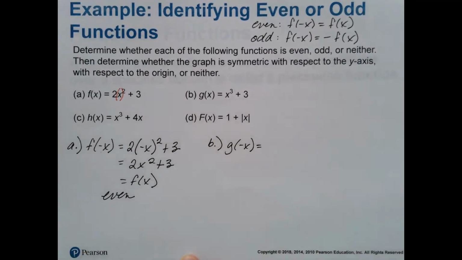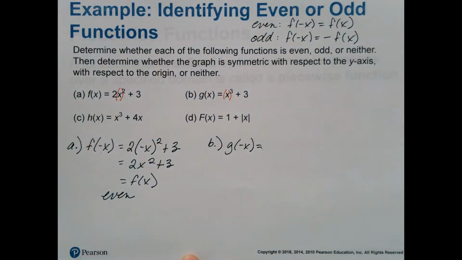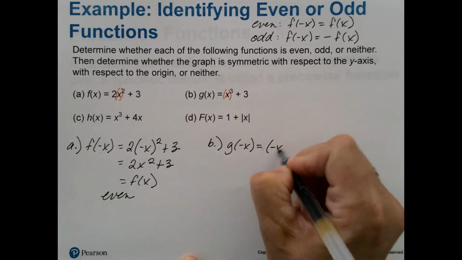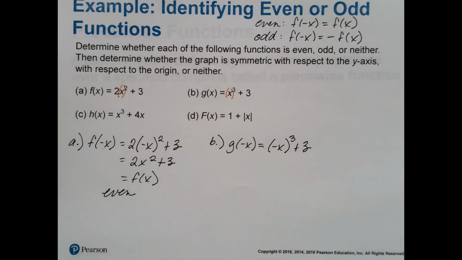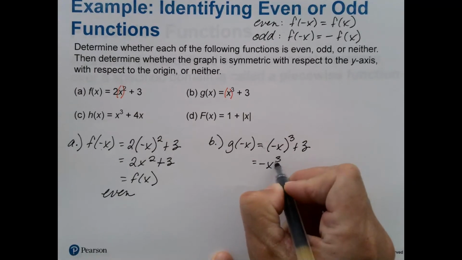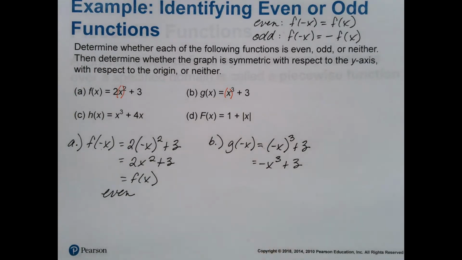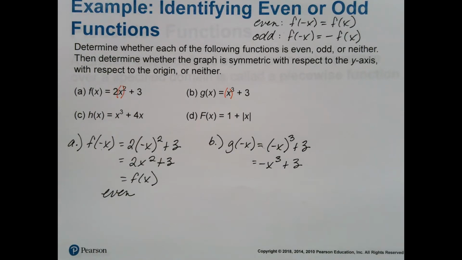For B, I'm going to replace x with a negative x. So this becomes a negative x cubed plus 3. Negative x times negative x times negative x. That's what a negative x cubed is. Remember, a negative to an odd power is a negative, so this becomes negative x cubed plus 3. There's nothing more I can do with that.